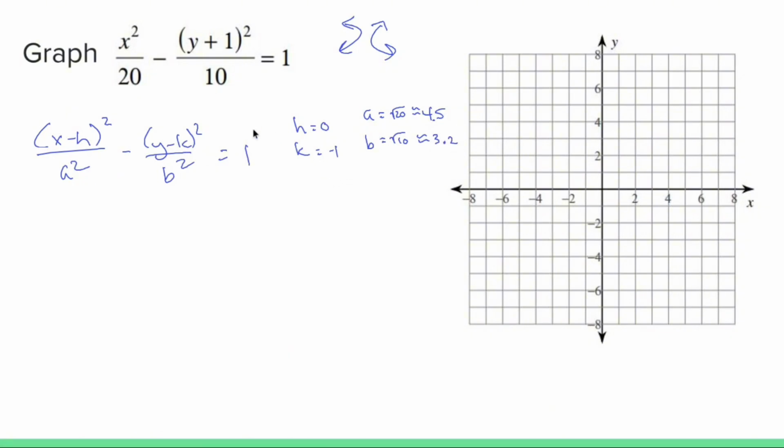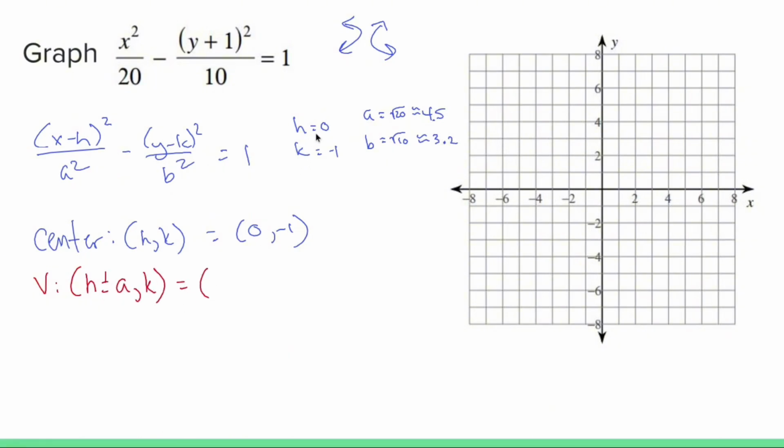So what we could do is we notice that the center is (h, k). So in our case, (0, -1). Sorry, our vertices are (h plus or minus a, k).